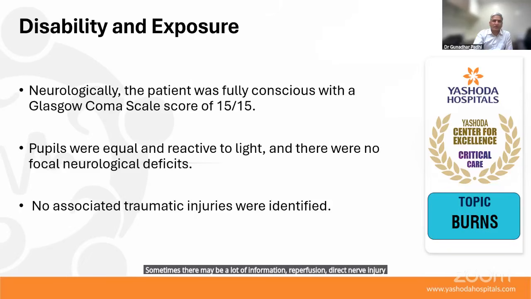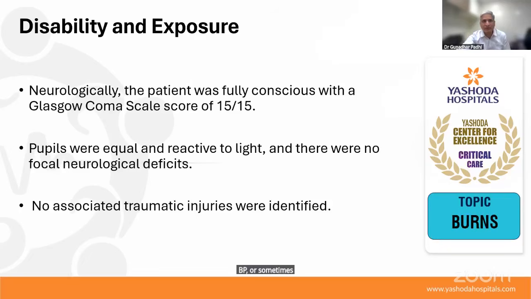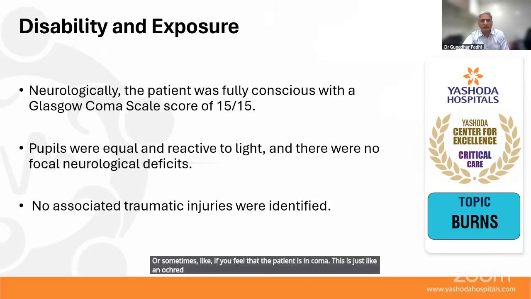All these things may be going on, and sometimes these patients do better, even if they have fixed pupils, or you feel that the patient is in coma. This is just like an occult snake bite, where you have to give time and wait for the recovery to happen. That is the main thing, because whatever you see from outside doesn't really coincide in case of electrical injury. That is the main crux.